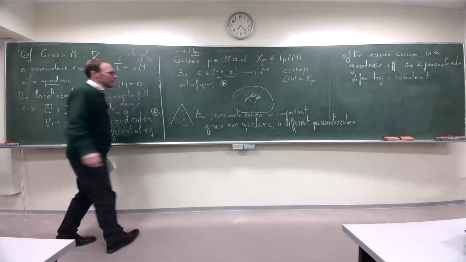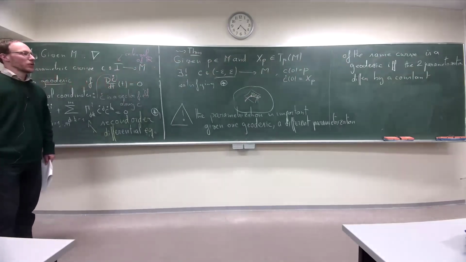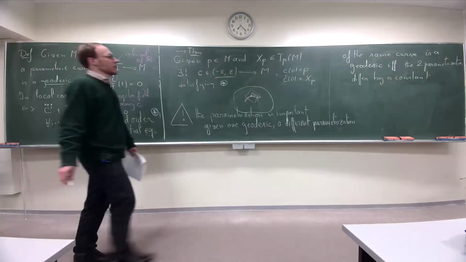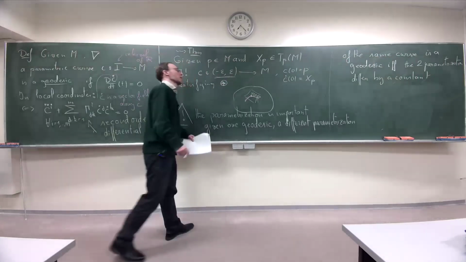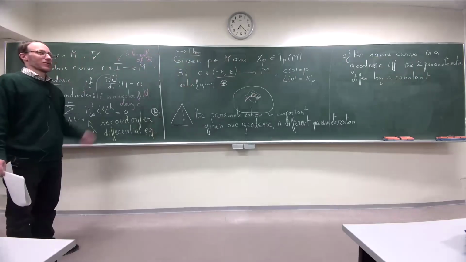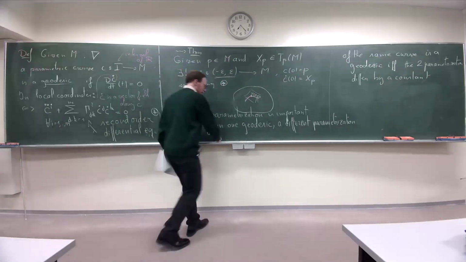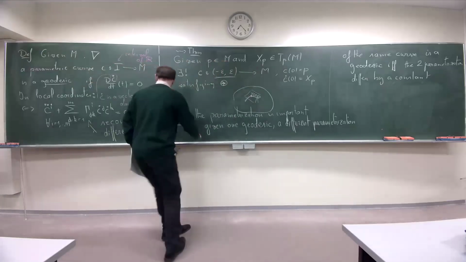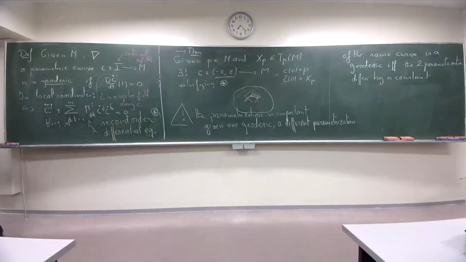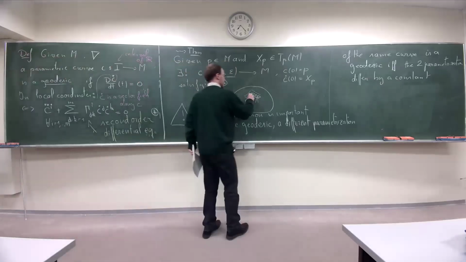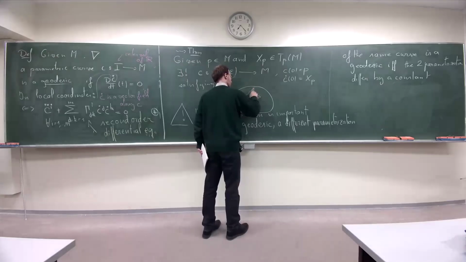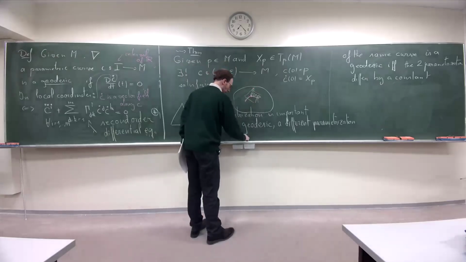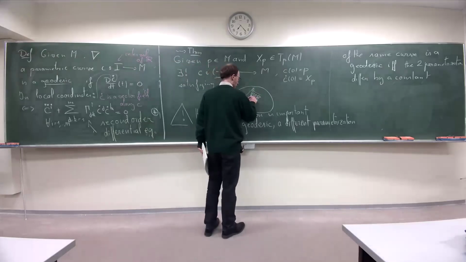What is missing here is a kind of uniformity in the sense that precisely I have no control on this interval of time. So it means if I take a different vector on the same tangent plane, then I will probably have another curve, but it might be that it's only defined on a much smaller interval.